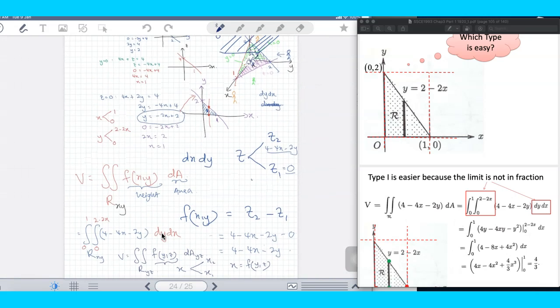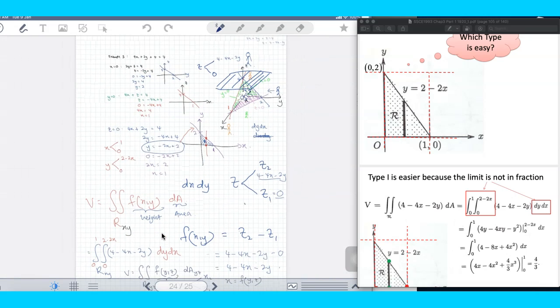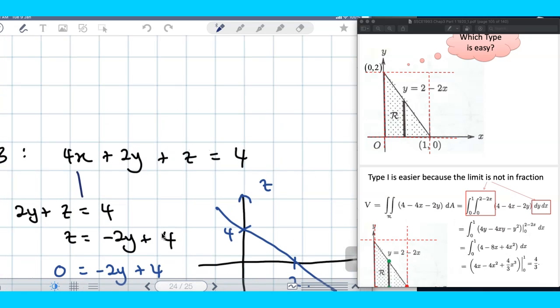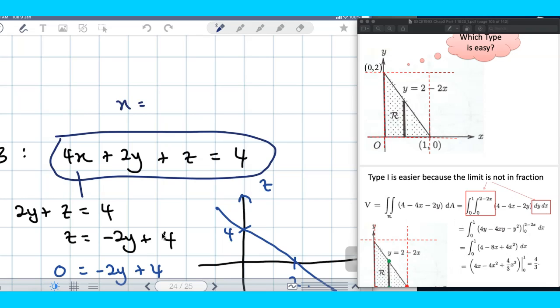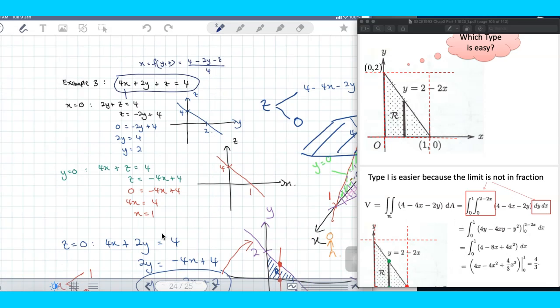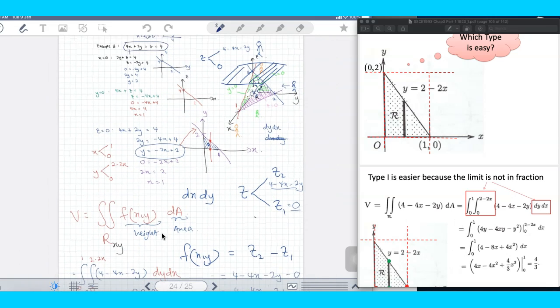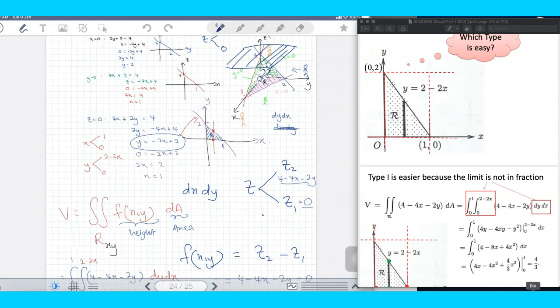From the tetrahedron equation here. You have to modify it, so you will get X as a function of YZ, which becomes 4 minus 2Y minus Z, divided by 4. So that is your X now. Okay, just practice, and your final answer should also be the same, which is 4/3.